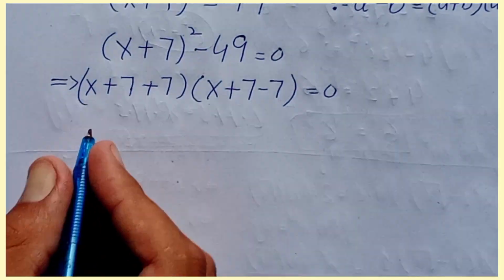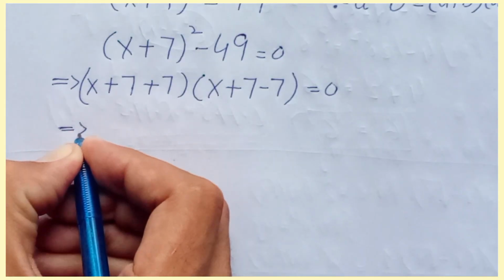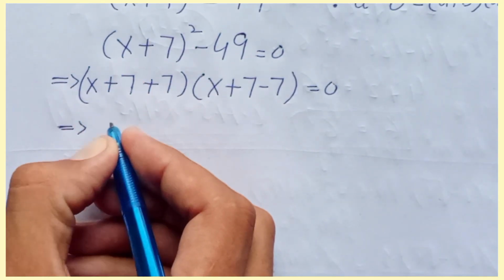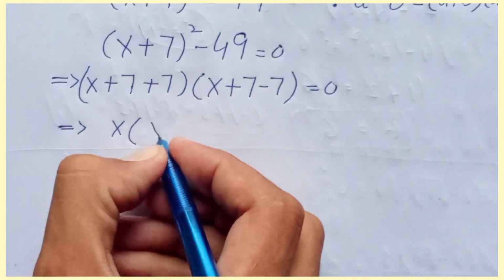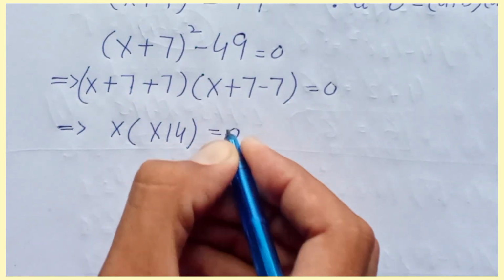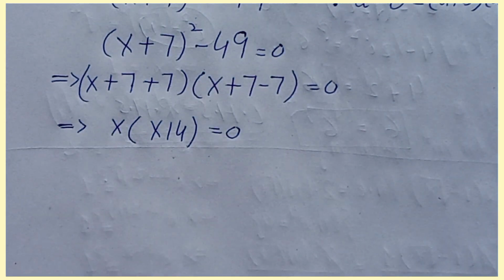Now I can write it as x into (x plus 14) is equal to 0.